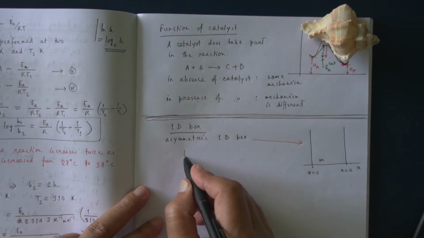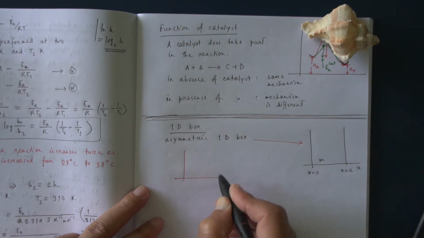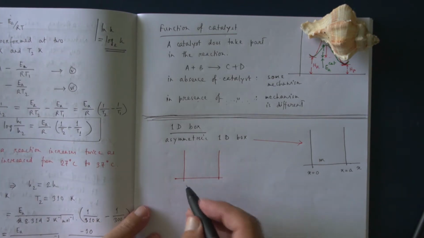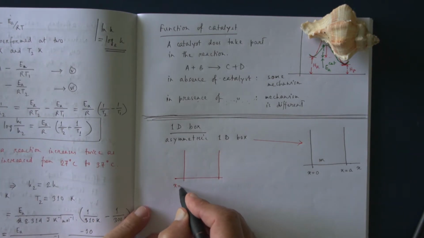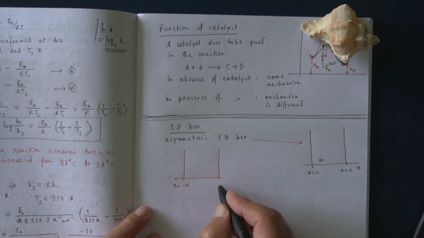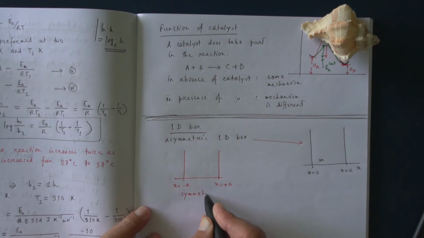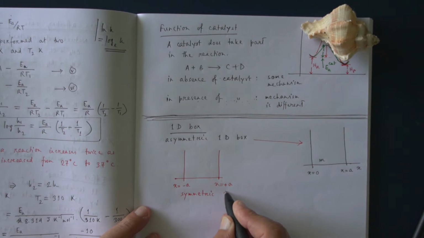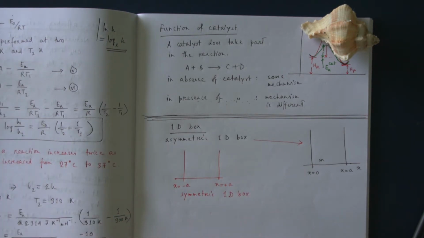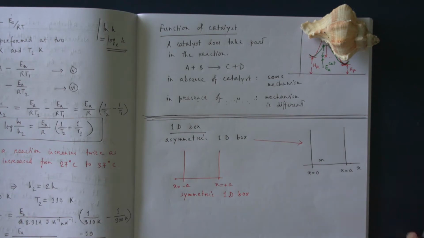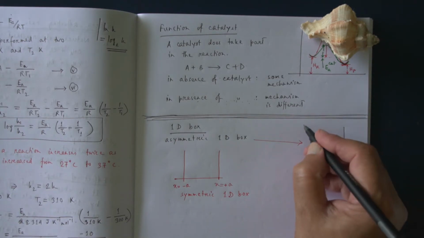But if we take the limits like this, let me draw separately. These are the two potential walls, one at x equal to minus a, the other at x equal to plus a. This is called a symmetric 1D box.